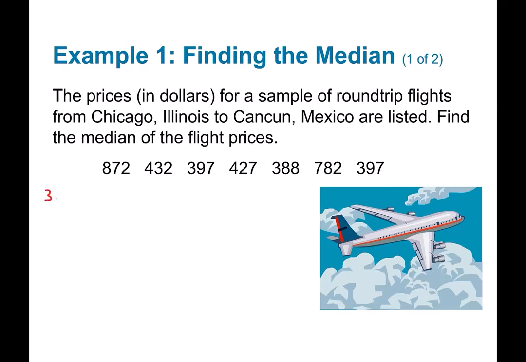So in this case, my smallest data value is 388. Then I have 2 397s. I have a 427. I have 432. I have 782. And then I have 872.